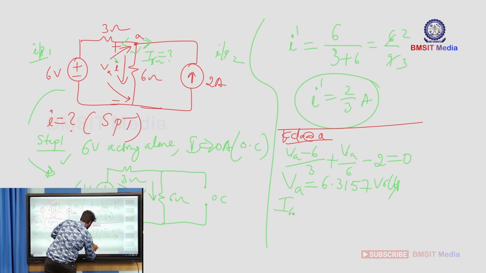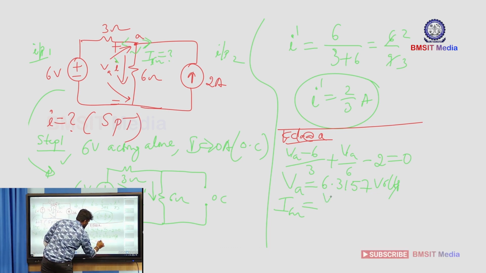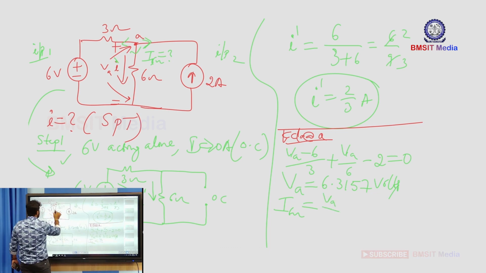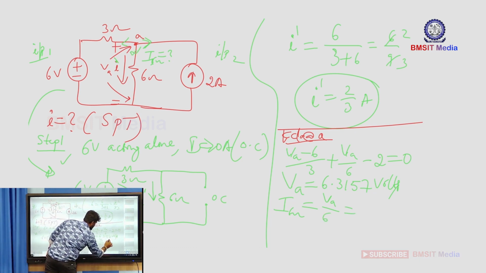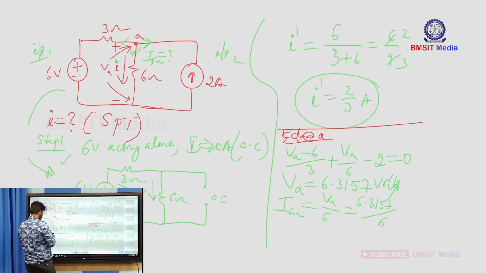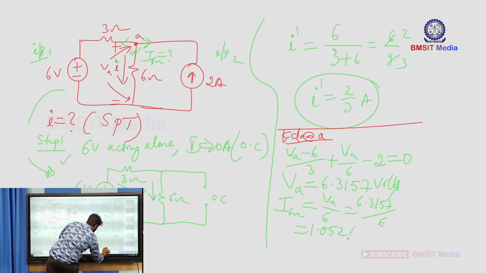You can write down the current flowing through the 6 ohm resistance is the potential VA divided by the resistance along this path, which is 6 ohm. So, you can write down 6.3157 divided by 6. So, you get a value of 1.052 ampere. So, that is your I 6 ohm.